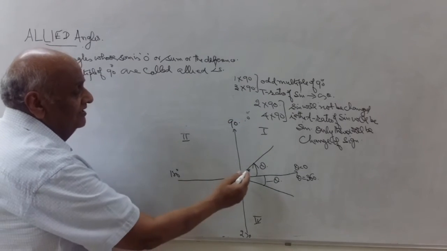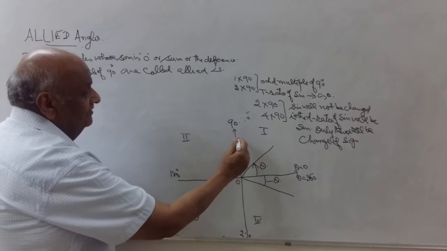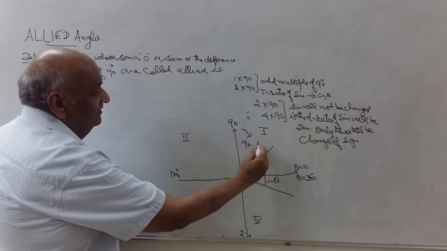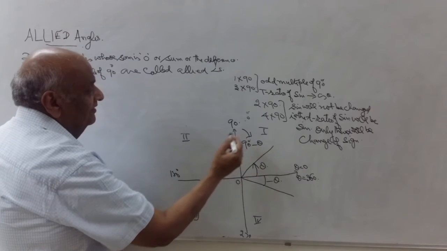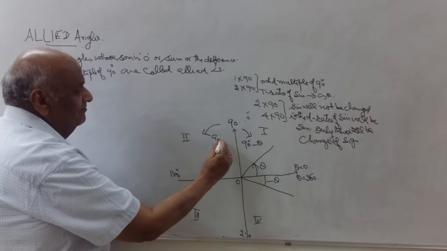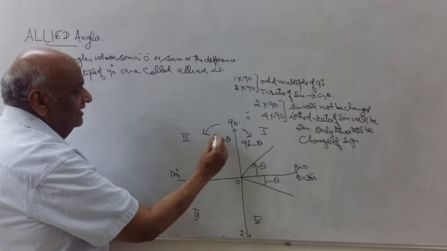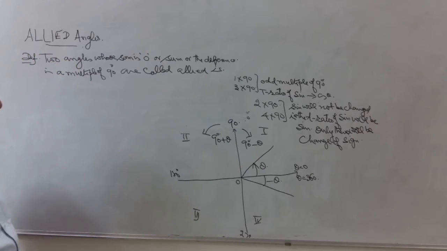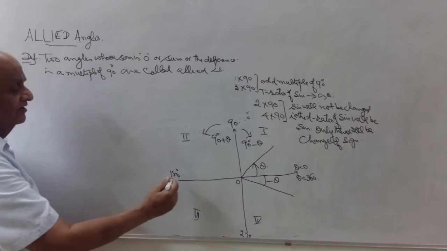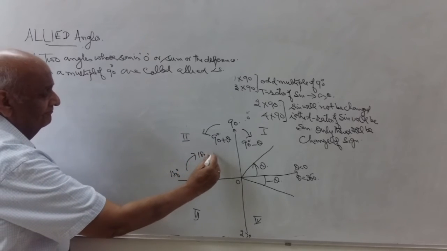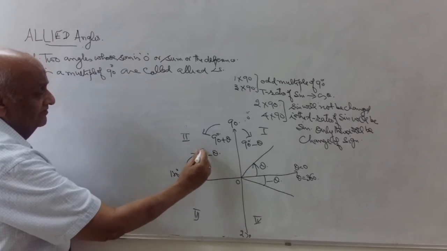So you have theta in the first quadrant, 90 minus theta, less than 90. If you have 90 plus theta, just keep in mind that you have the second quadrant. Then in the second quadrant we have 180 minus theta, less than 180.